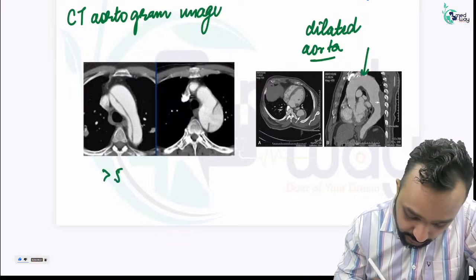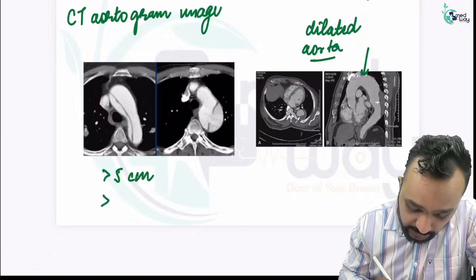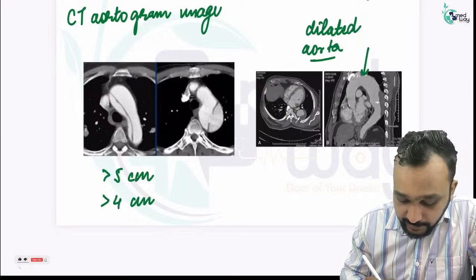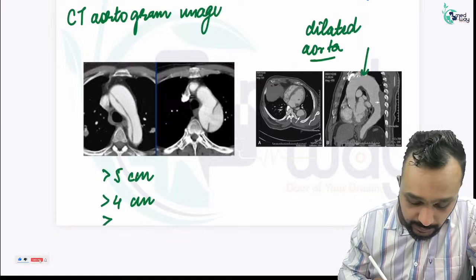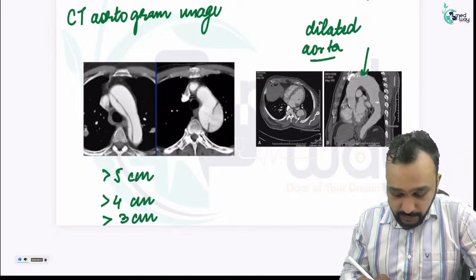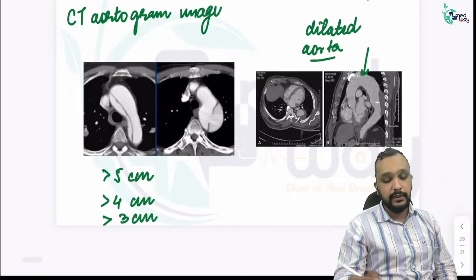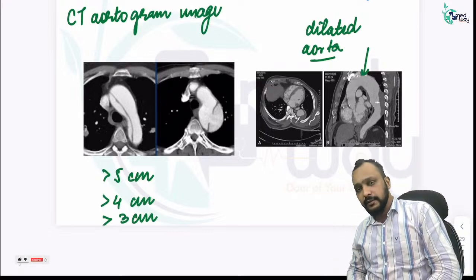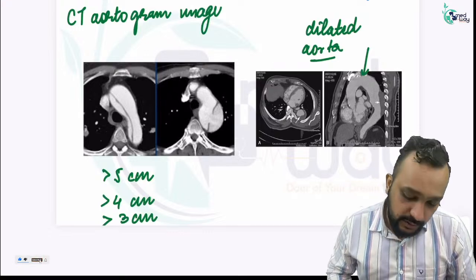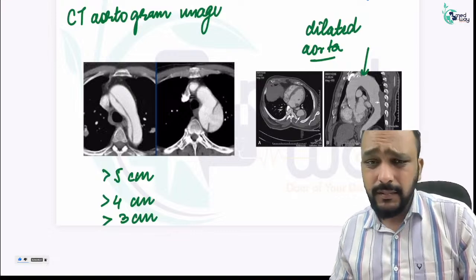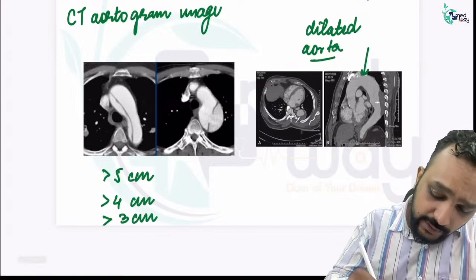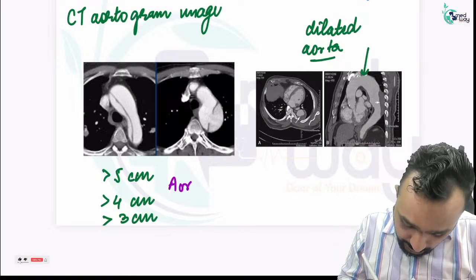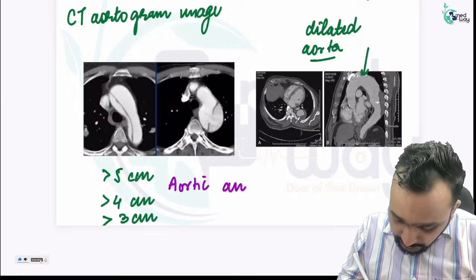When the ascending aorta is dilated by more than 5 cm, the descending thoracic aorta by 4 cm, and the abdominal aorta by more than 3 cm, right? So if the aorta is dilated by this much caliber, you are going to call it a case of aortic aneurysm, right?